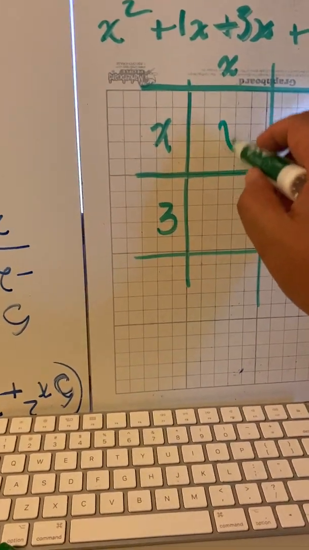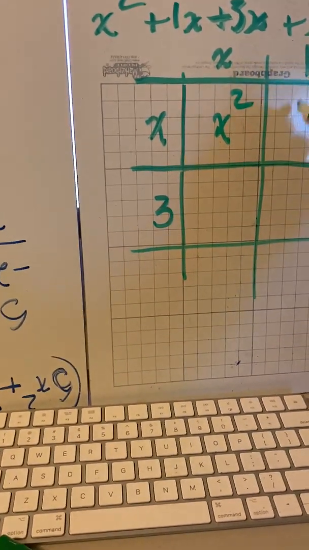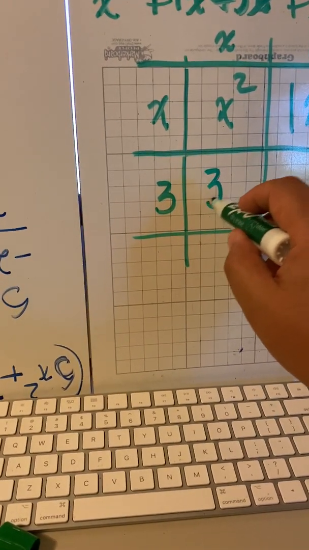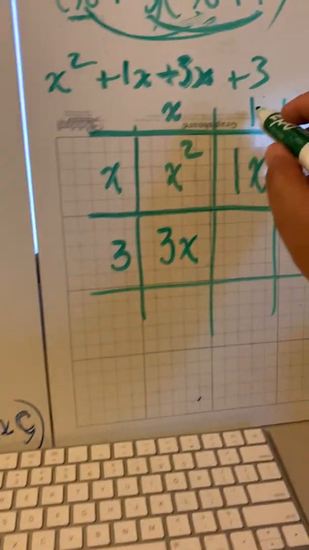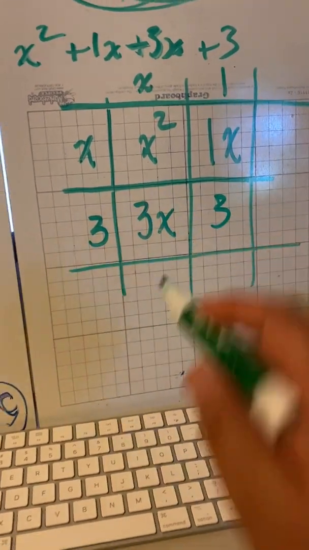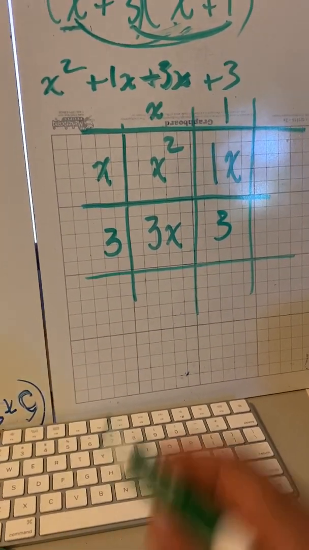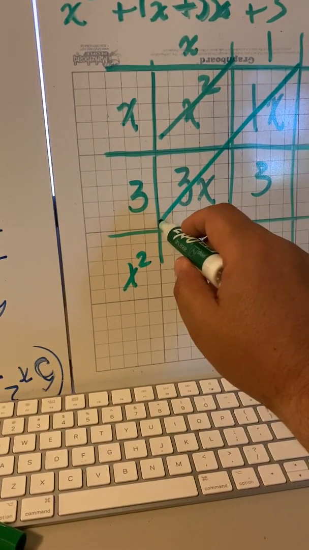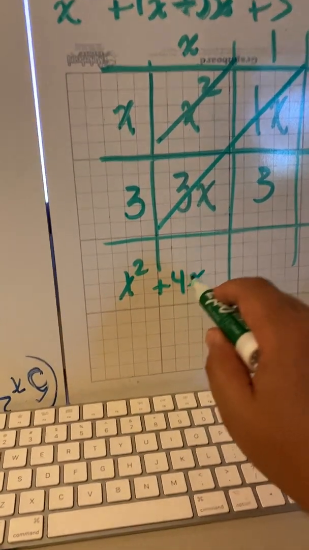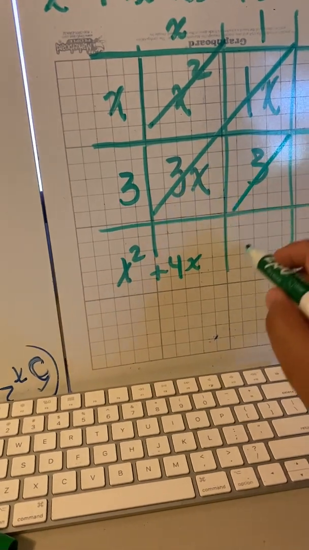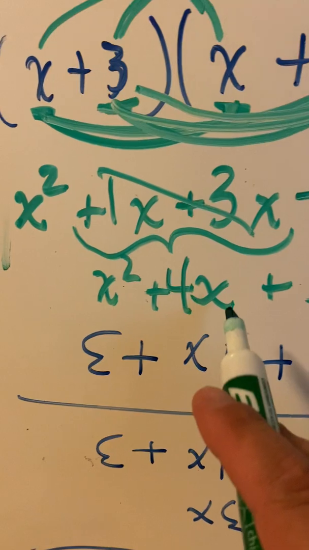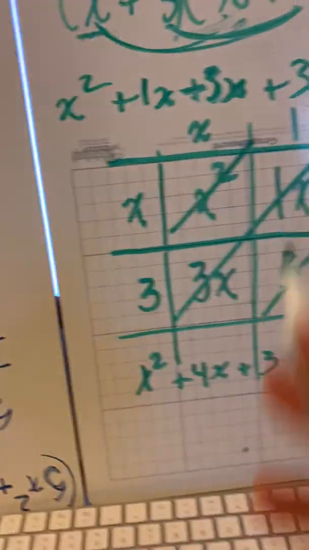X times x is x squared. X times 1 is 1x. 3 times x is 3x. 3 times 1 is 3. And you go diagonally through this. X squared plus 4x, because they're both positive, plus 3 because it's positive. Same stinking answer, different way of doing it.